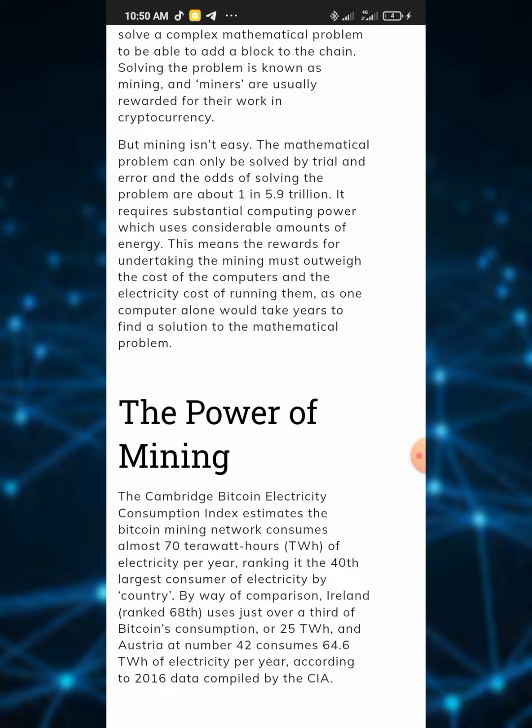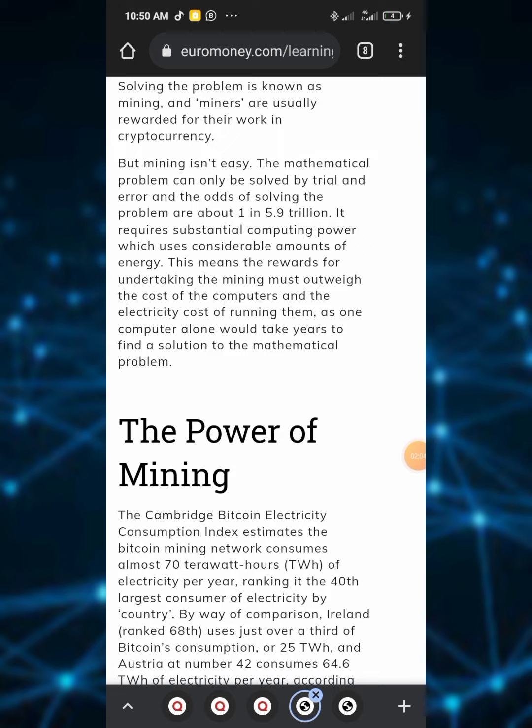Okay, so this requires sustainable computing power which uses a considerable amount of energy. This means that the reward for undertaking the mining must outweigh the cost of the computers and the electric cost of running them, as one computer alone would take years to find a solution to mathematical problems.